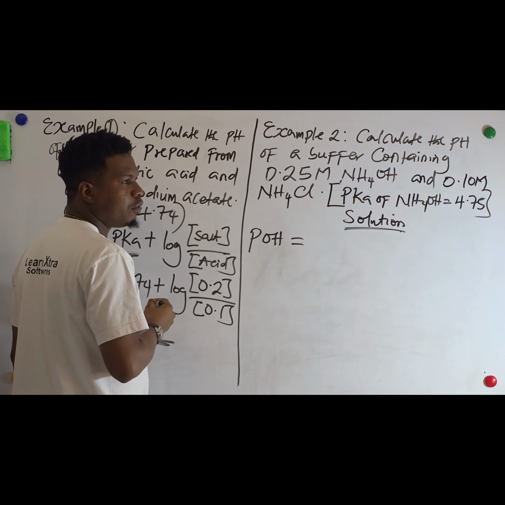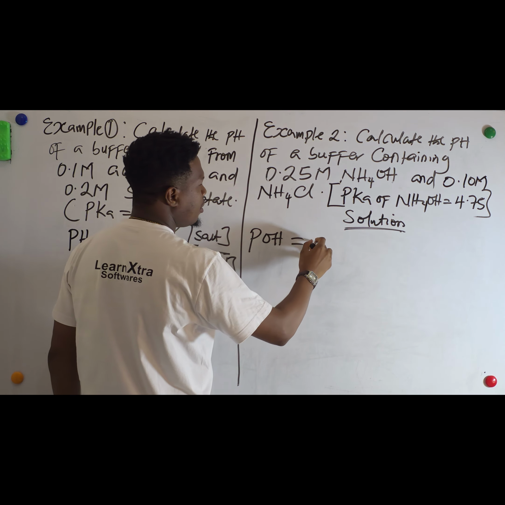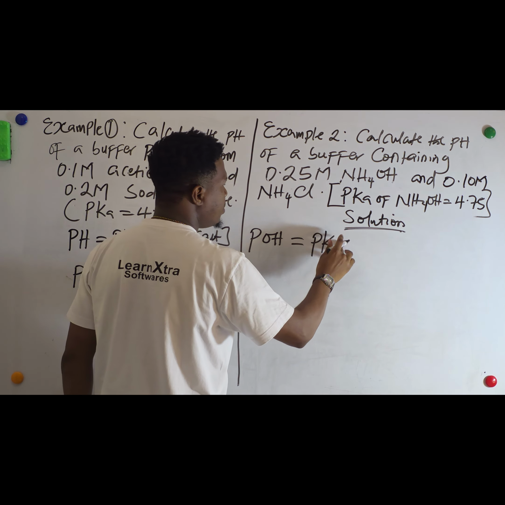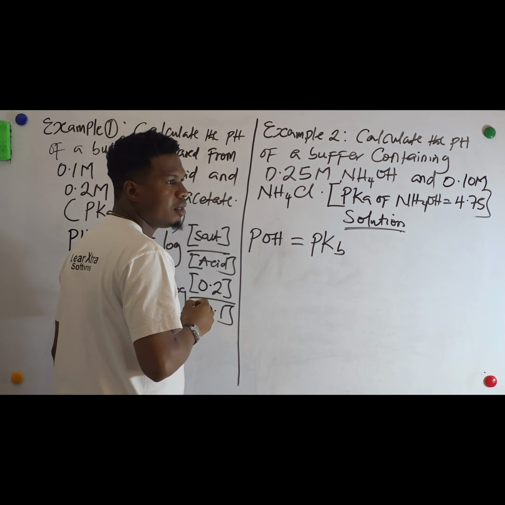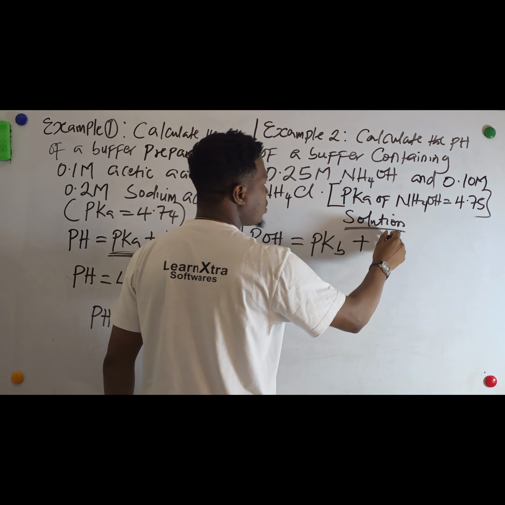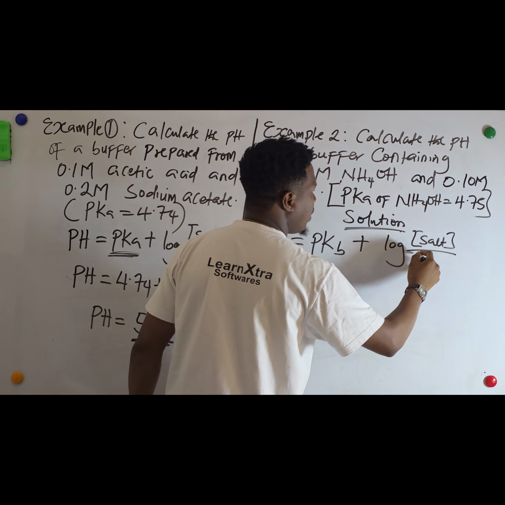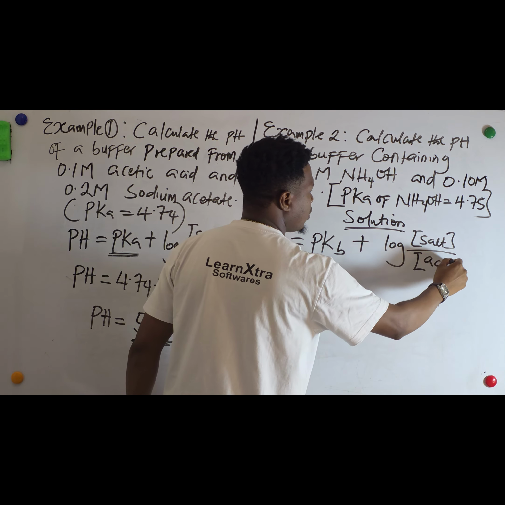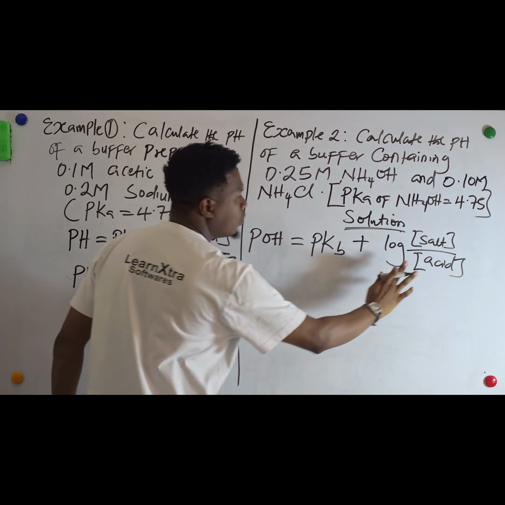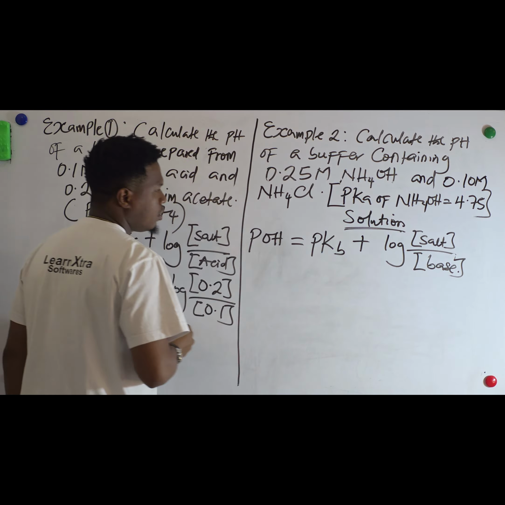The pOH of this buffer is pKb, that of the base, plus log salt over base. That's how to get the pOH.